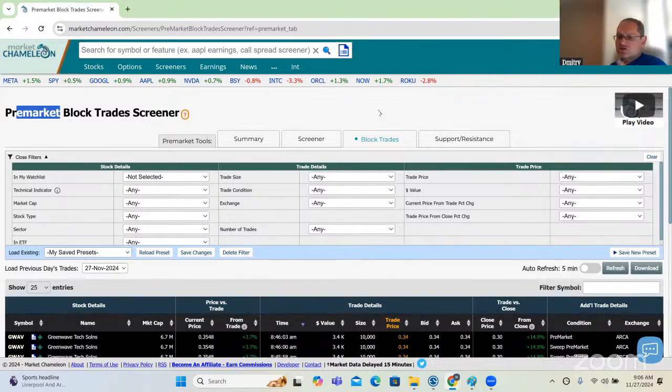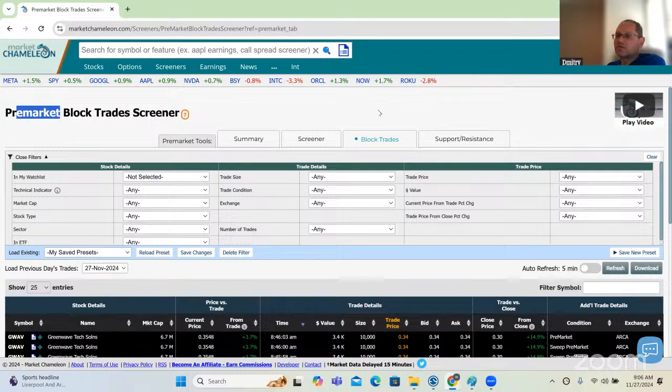There's no one rule to really just say this has to be a block trade. There are some standards that were created by the exchanges, like 10,000 shares or more, $250,000 worth of stock or more.